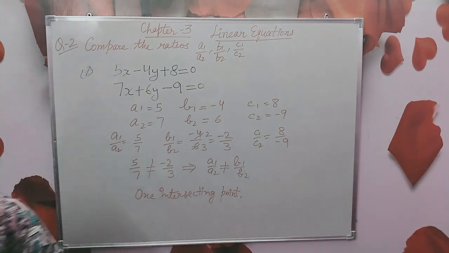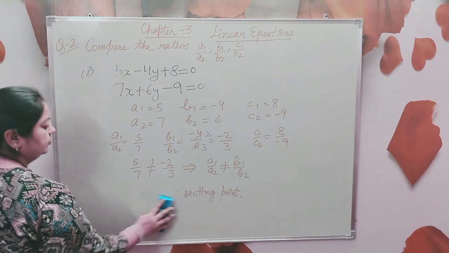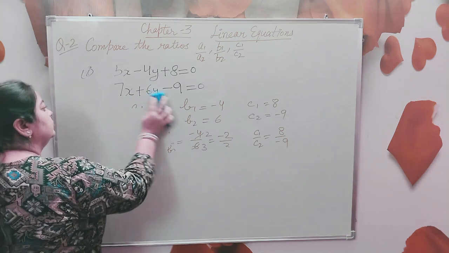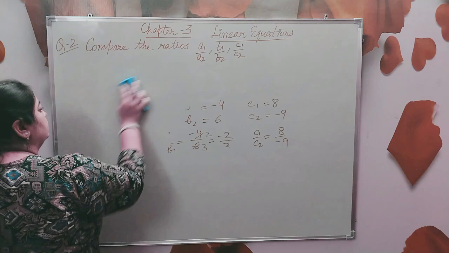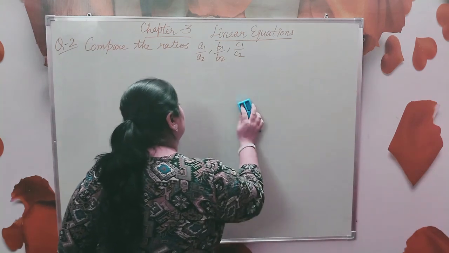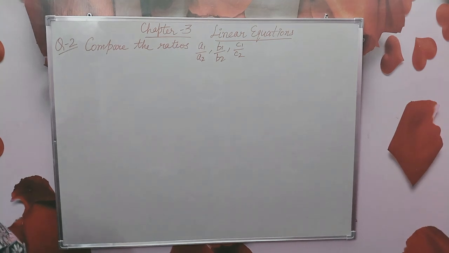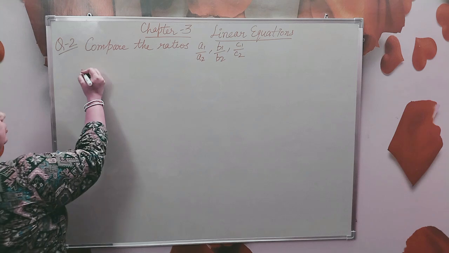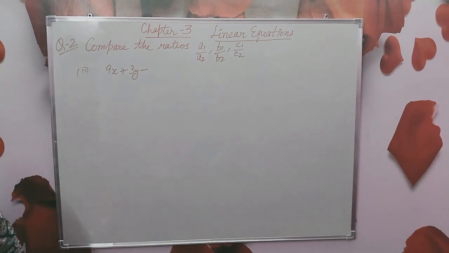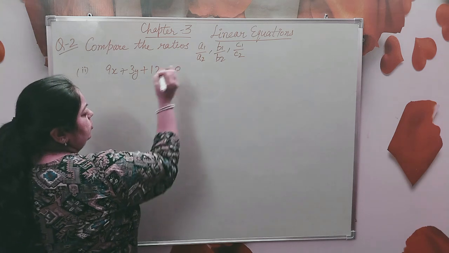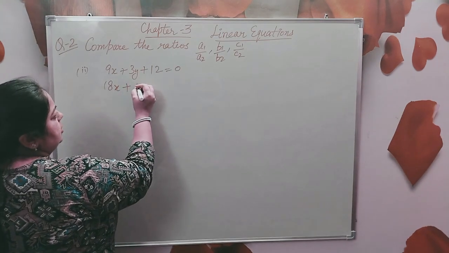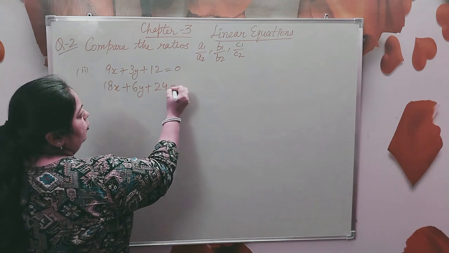Now come to the second sum. The second sum is 9x plus 3y plus 12 equal to 0 and 18x plus 6y plus 24 equal to 0.